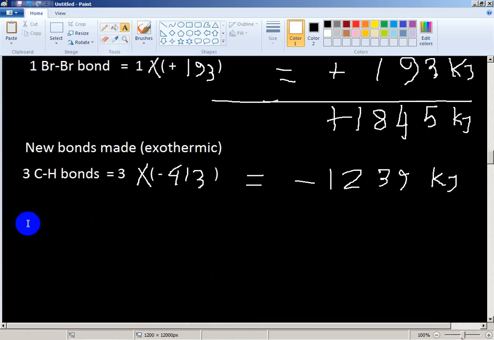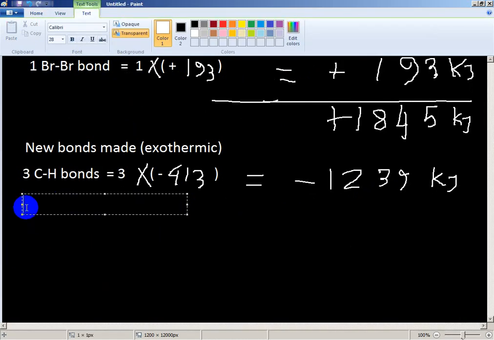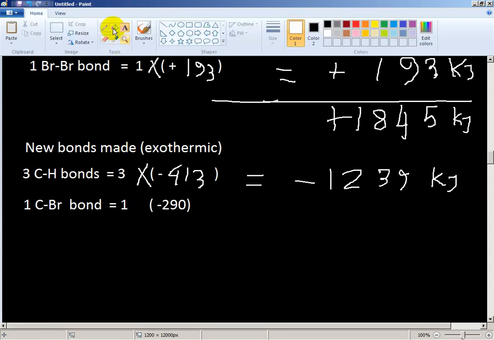I should remember this. 1 carbon bromine bond, that is 1 multiplied, minus 290.